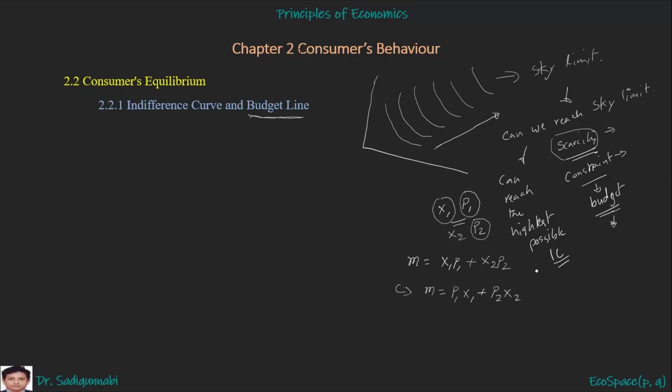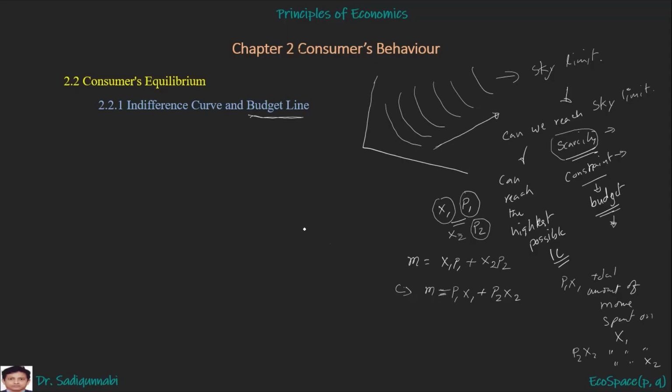So here P1 X1 is the total amount of money spent on X1, and P2 X2 is the total amount of money spent on X2. Okay, so together it becomes the total budget.